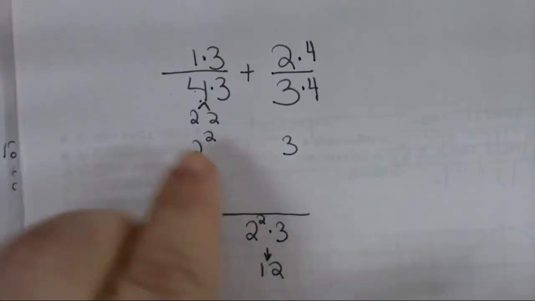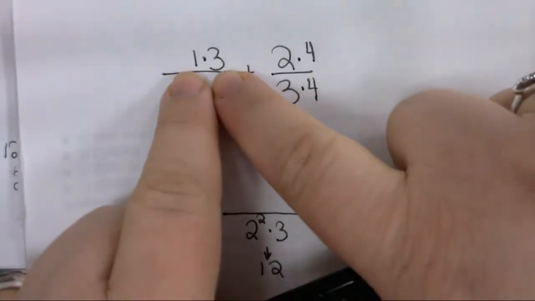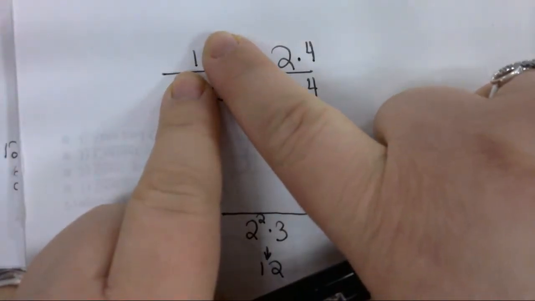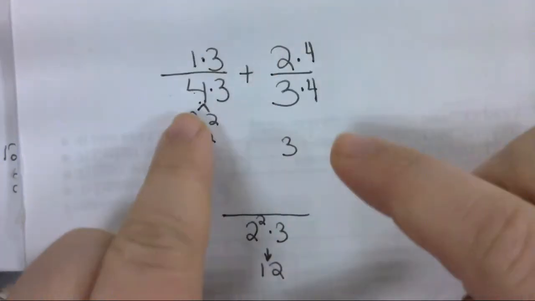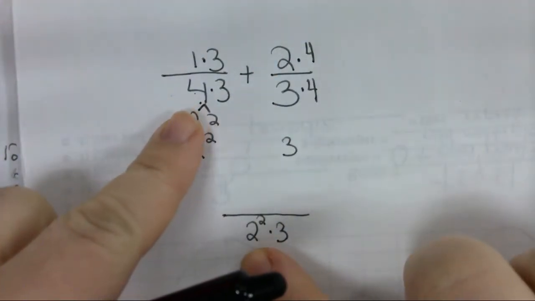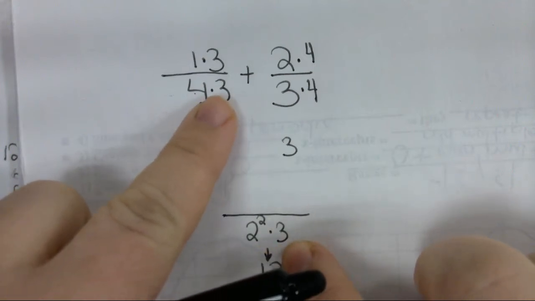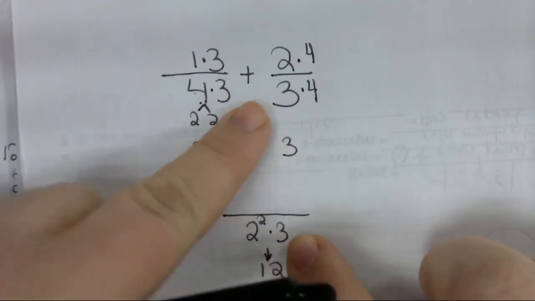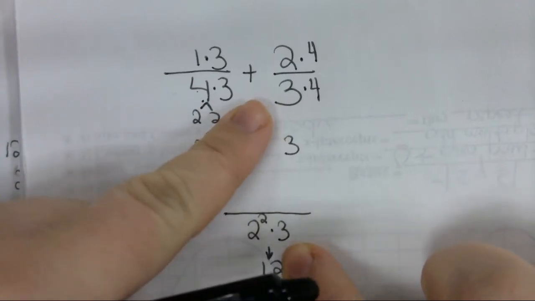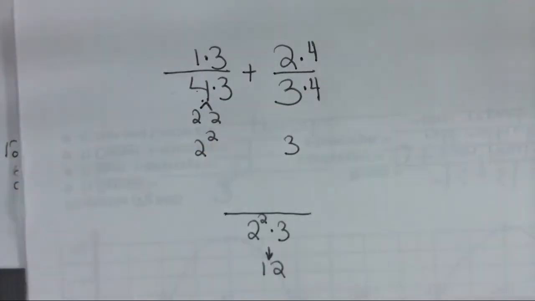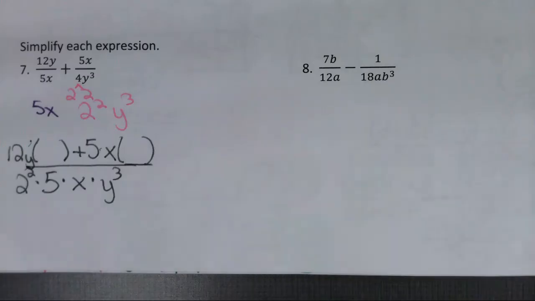So you are multiplying each of these numerators, so 1 in this case, by what the denominator was missing. 4, or 2 squared, was already there, and we are multiplying by 3 to get the common denominator. Over here, we already had the 3, so we were multiplying by 2 squared, or 4. That's what we're doing here as well.